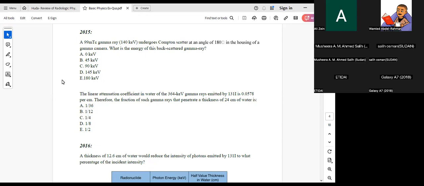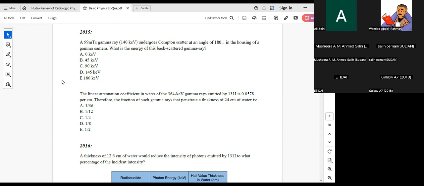There is an equation for this: the scattered photon energy divided by the photon energy equals 1 over 1 plus epsilon times (1 minus cosine theta), where theta is 180. It's just one equation we have to know, something I will definitely cover.